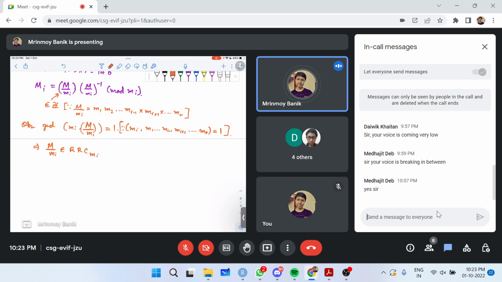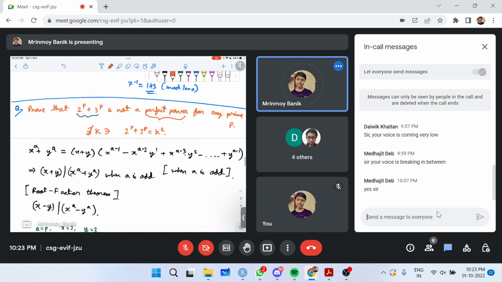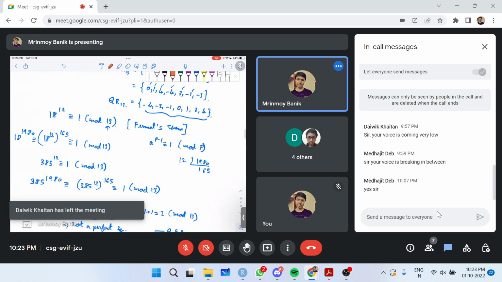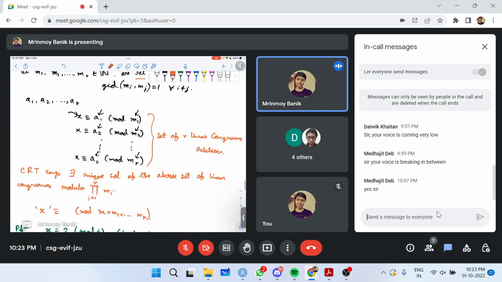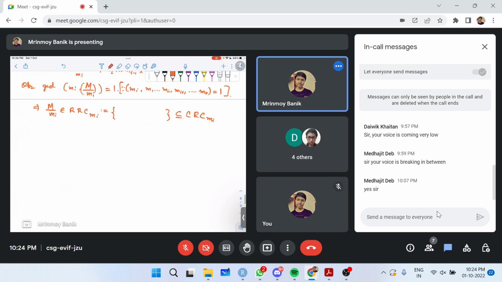For those of you who are new today, this reduced residue class is basically a smaller subset of the complete residue class that I defined before. The complete residue class is the set of all possible remainders modulo M: 0, 1, 2 up till M minus 1.